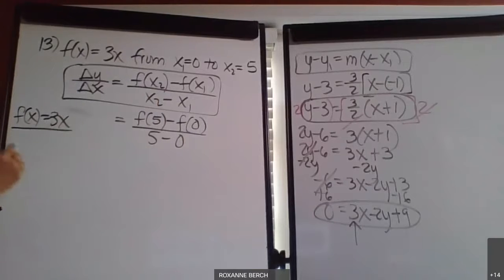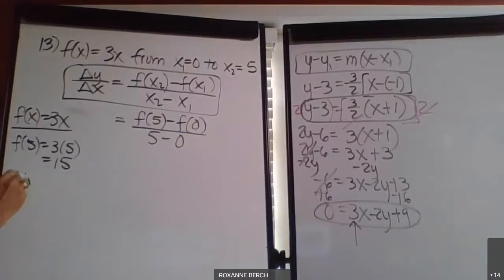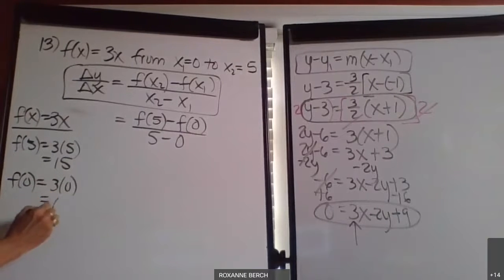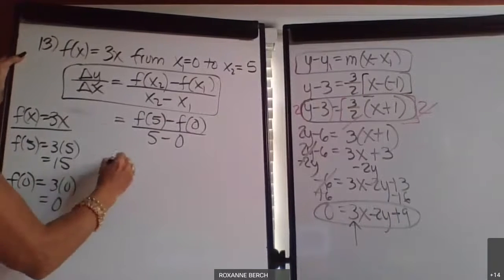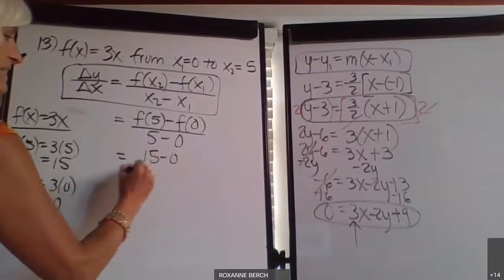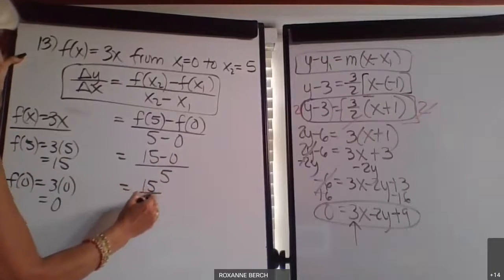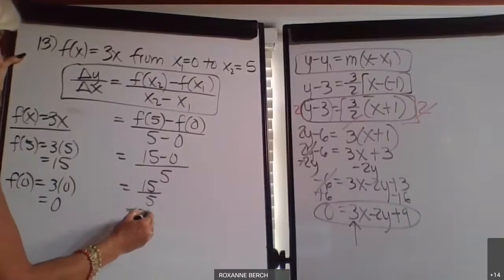So we have to evaluate this. We're going to take the function and evaluate f of 5, which is 3 times 5, which is 15. And then we're going to evaluate f of 0, which is 3 times 0, which is 0. So in the numerator, we have 15 minus 0 over 5, which is 15 divided by 5, which is 3.